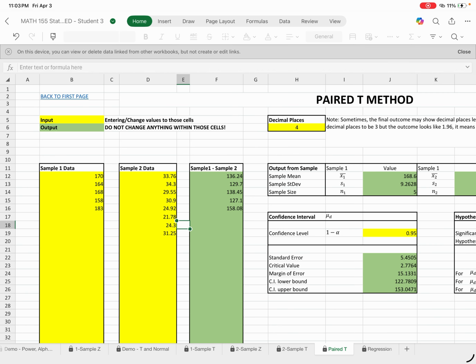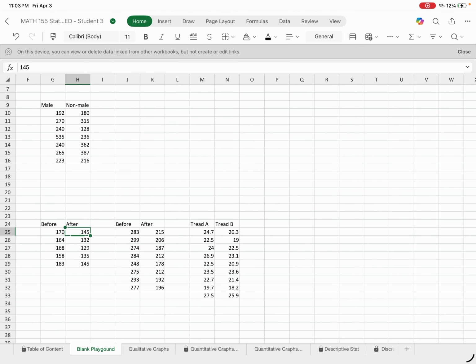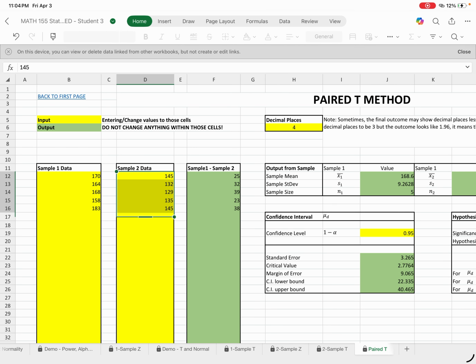Let's get rid of those guys. And there we go. And so you see what happened in this column right here. We have the difference, sample 1 minus sample 2. And really, we're taking the stats on this column.